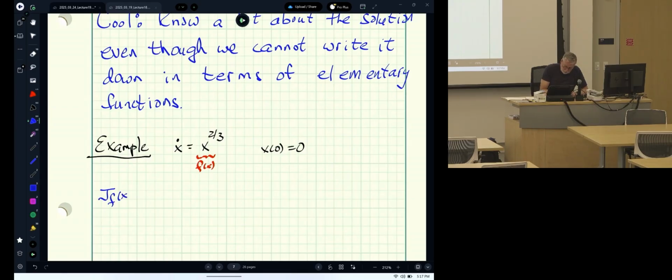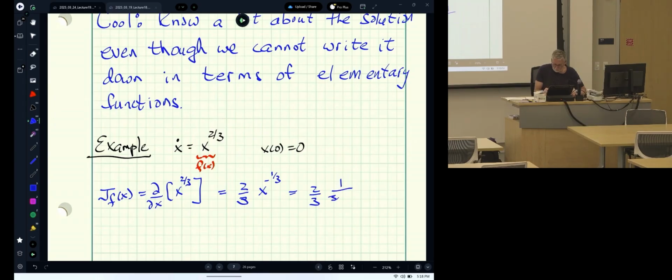We call it the Jacobian, but it's just the derivative of a scalar. And so by the power rule, that's 2/3 x to the minus 1/3. And that's 2/3 times 1 over the cube root of x, if you care, okay?